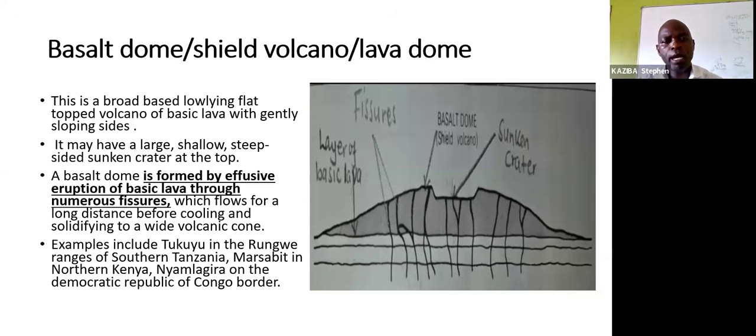And it is formed by effusive eruption of basic lava through fissures, which is able to flow for a long distance before solidifying to form a wide volcanic cone or dome or mountain. So you give us examples. For example, you have Tukuyu, Inirungwe, ranges of southern Tanzania, Marsabit, etc.